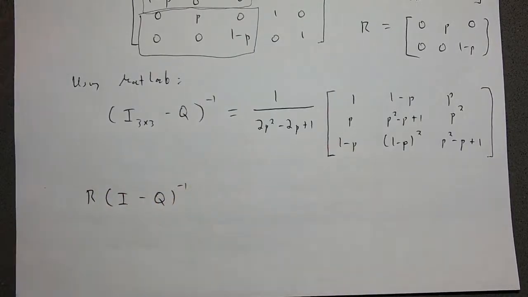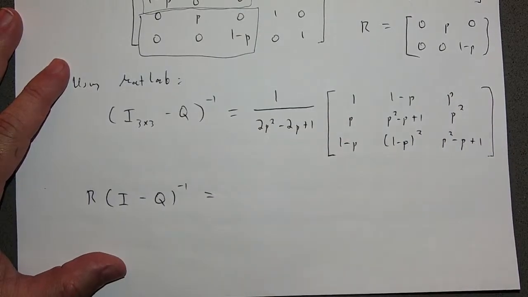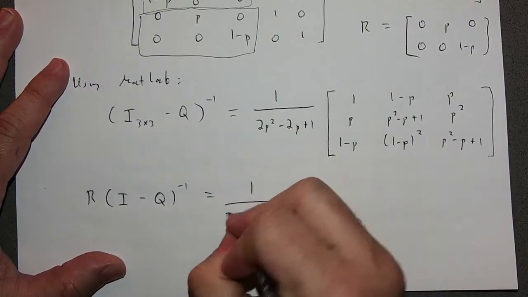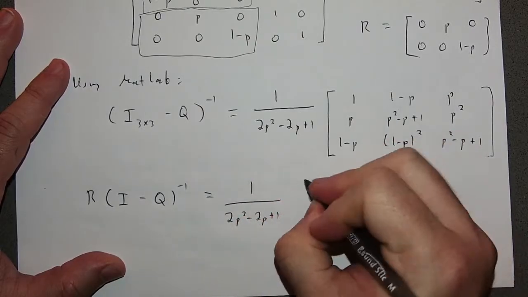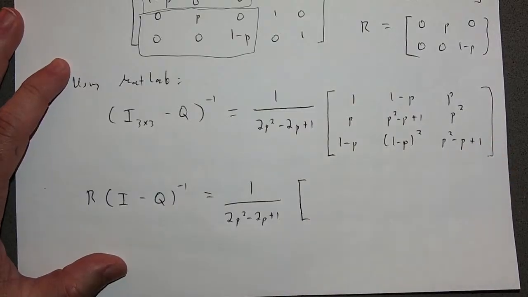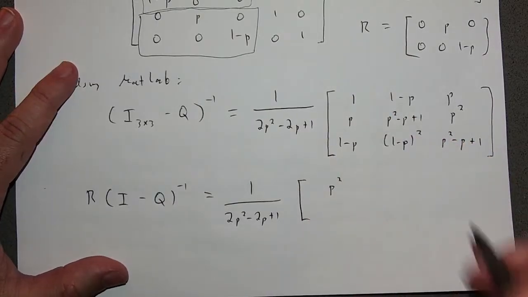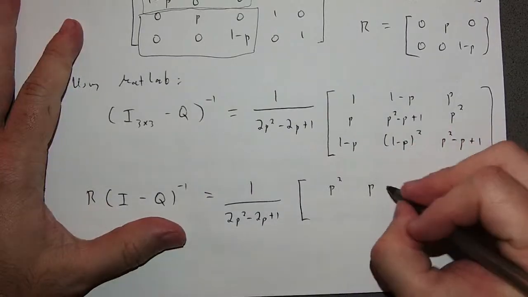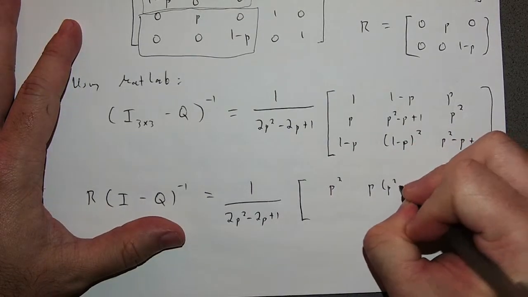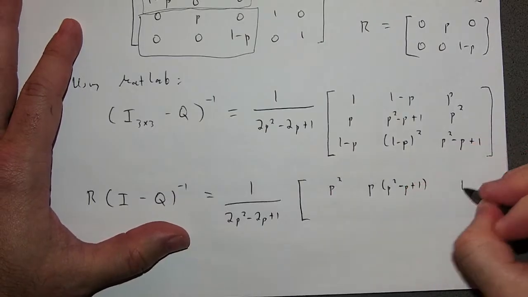Multiplying this by R, I still get this thing out front, so this would be 1 over 2p squared minus 2p plus 1 times the 2 by 3 matrix. I'm going to read row-wise again. This is p squared, p times p squared minus p plus 1, and p cubed.